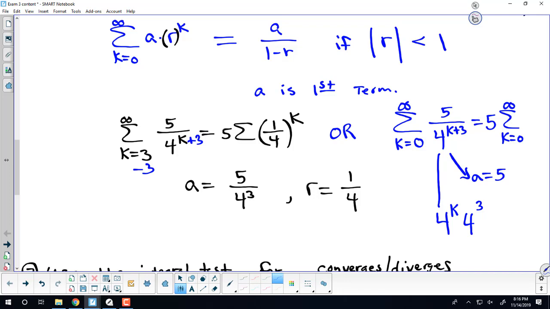So, shifting indices is beneficial sometimes, but I don't think you would ever have to do it. Some of the ones in MyMathLab where they say shift the index, like the one we talked about in class the other day, how many terms of the alternating series do we have to add?